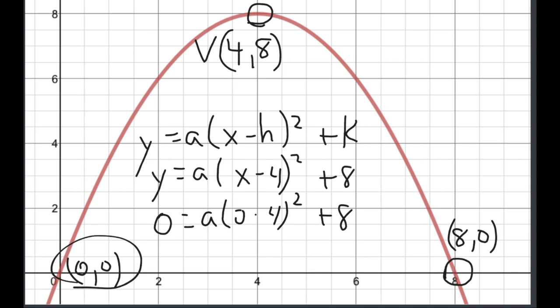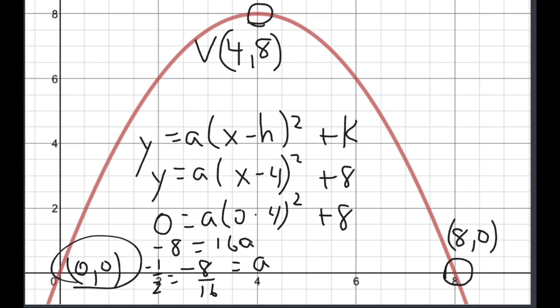So this is 16a equals -8. So I have to take the 8 across. So a equals -8 / 16, which is -1/2.